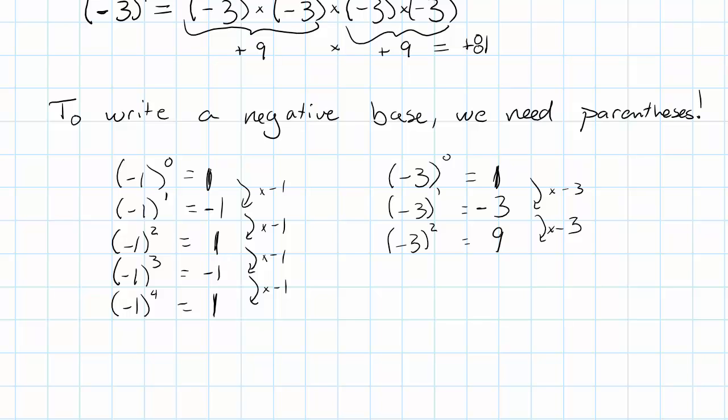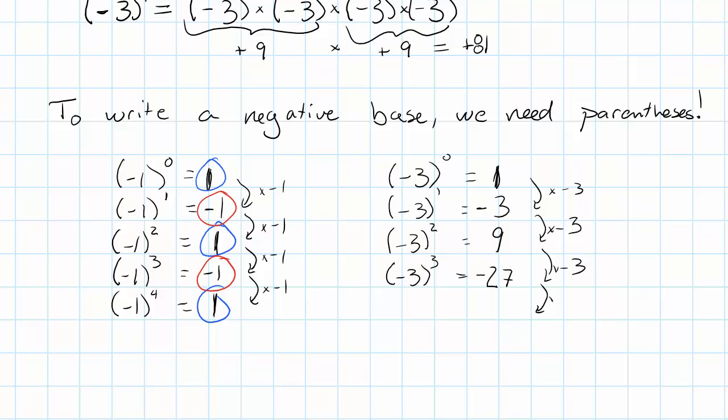Notice the pattern here. We have positive 1's alternating with negative 1's. How about over here? We multiply by negative 3 again to get negative 3 to the 3rd power, negative 27.